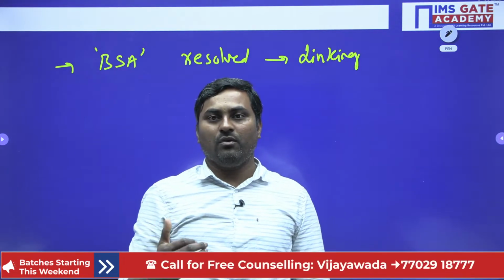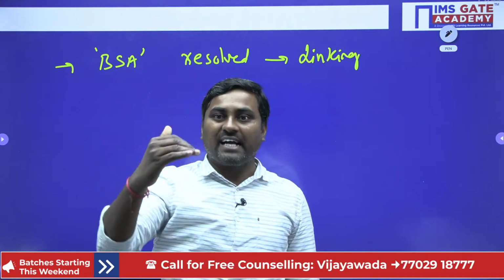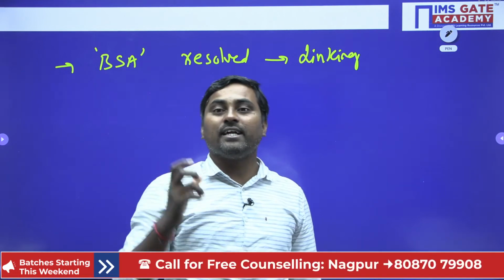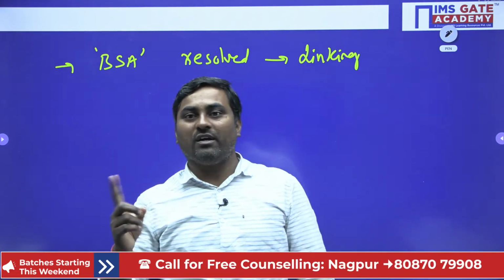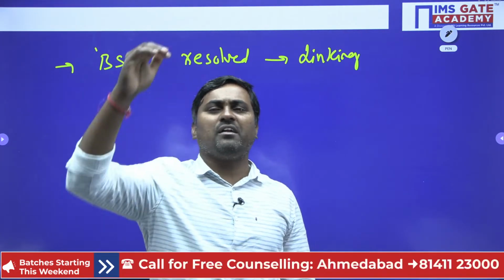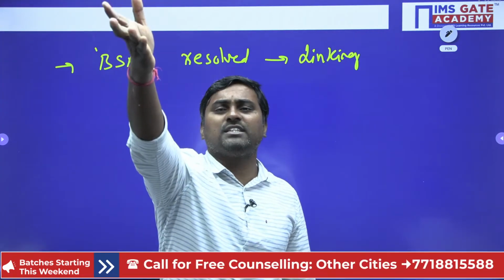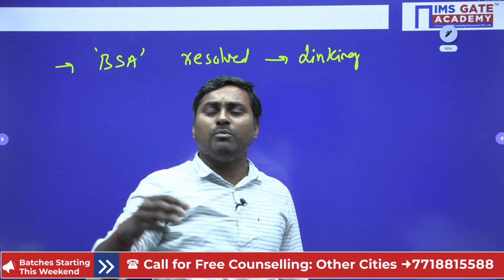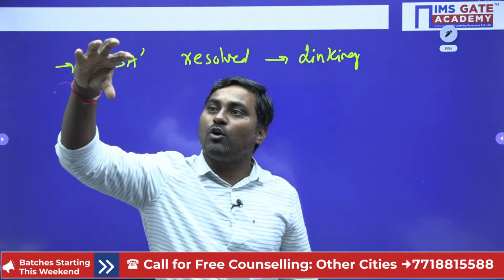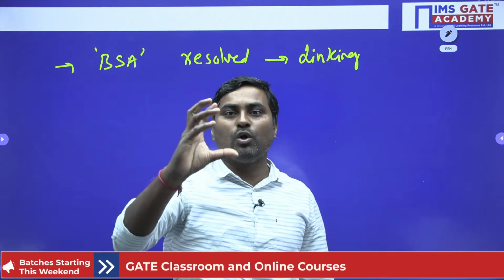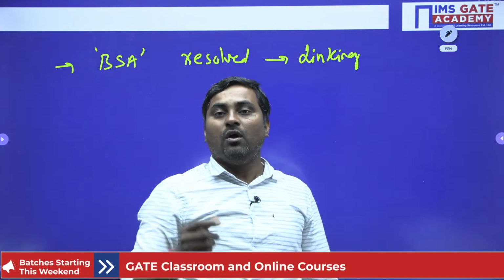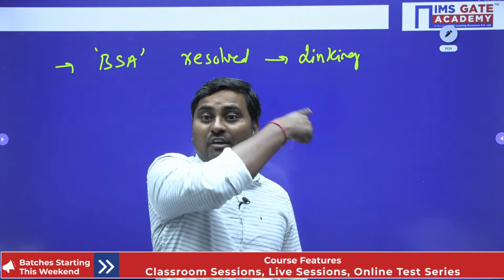So at linking time, the branch save address will be resolved with the original address where the function is available. Function means, for example, the printf function, where it is available in a library. So in the library, printf related code will be attached as a module.